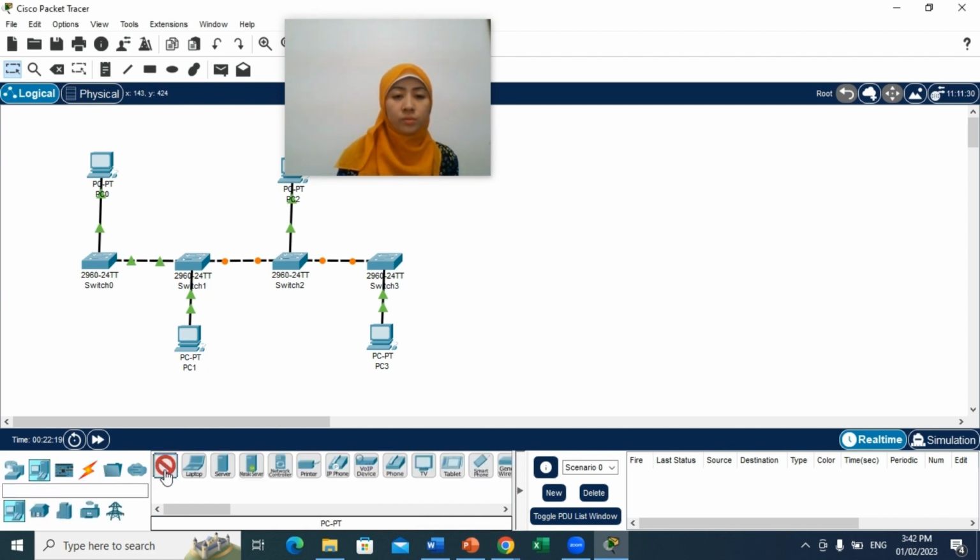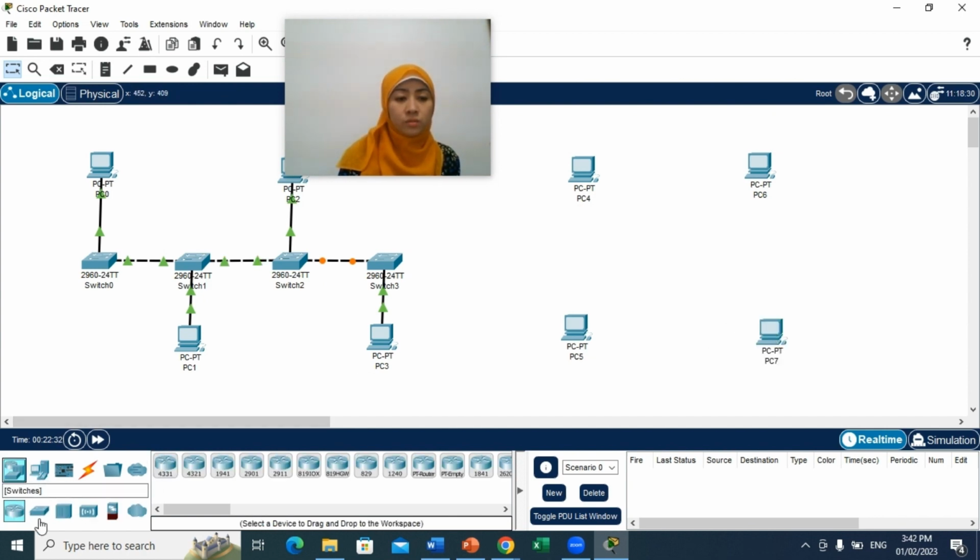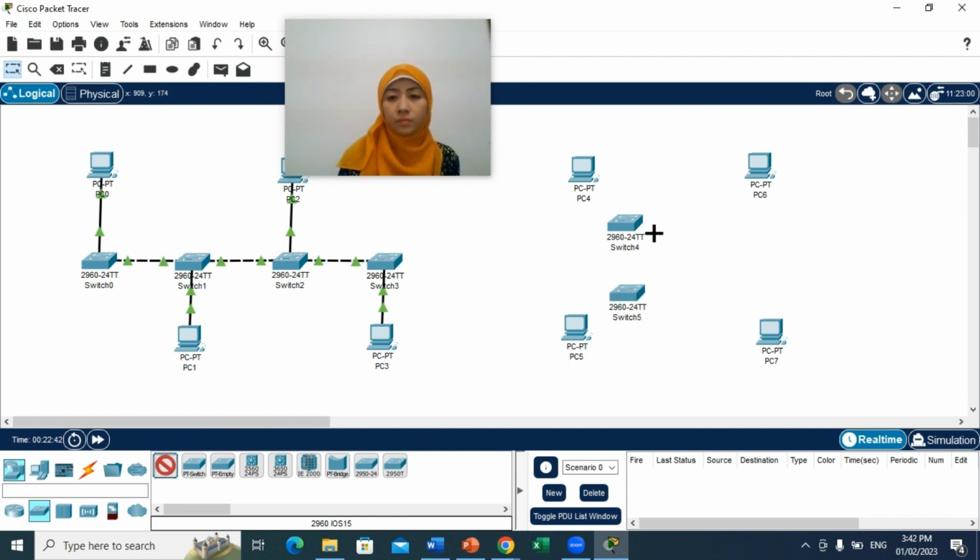Again, we will put an end device and a switch, and then we will connect it.